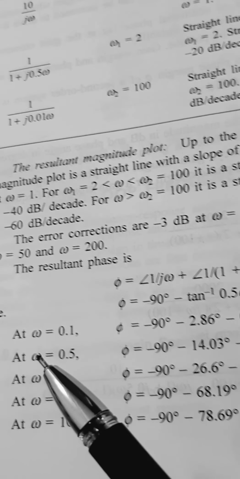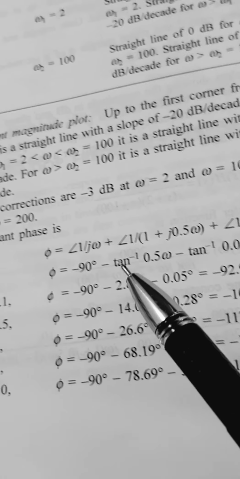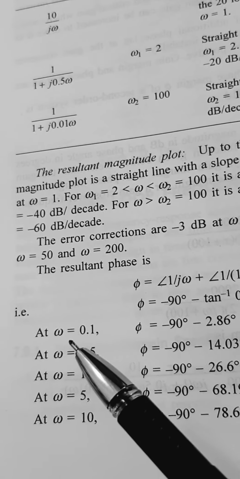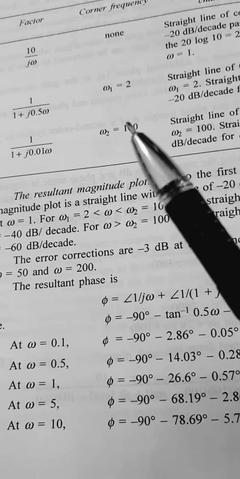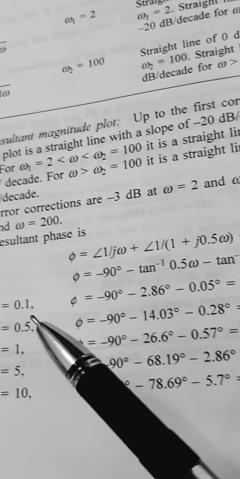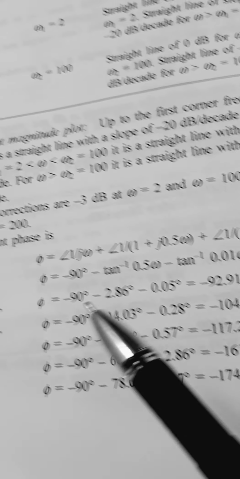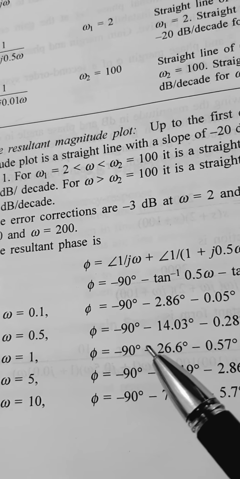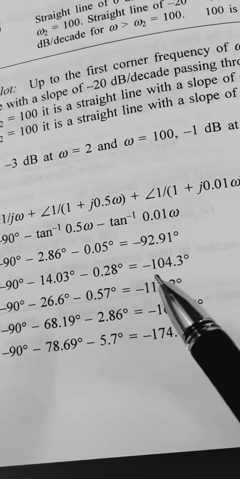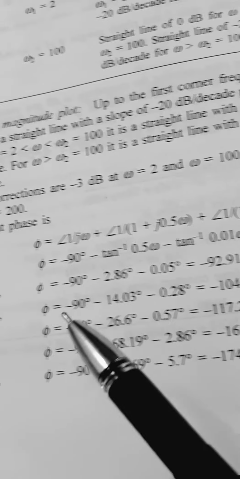Now you have to substitute different omega values. For omega, you have to consider the corner frequency also. When omega is equal to 0.1, what angle are you getting? When omega is equal to 0.5, the angle is minus 104.3 degree.